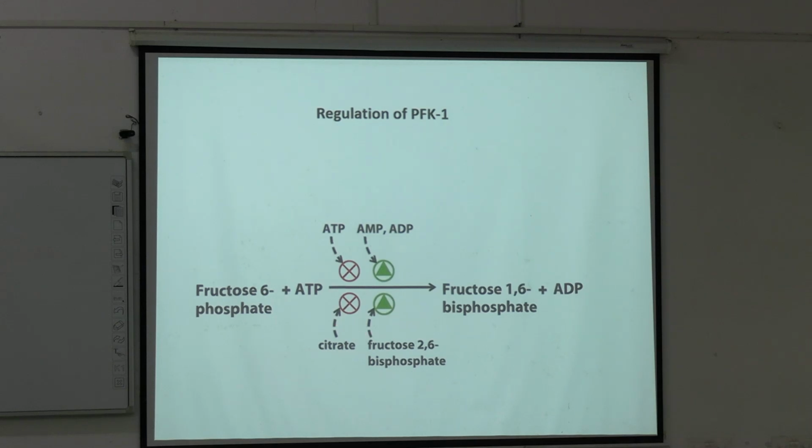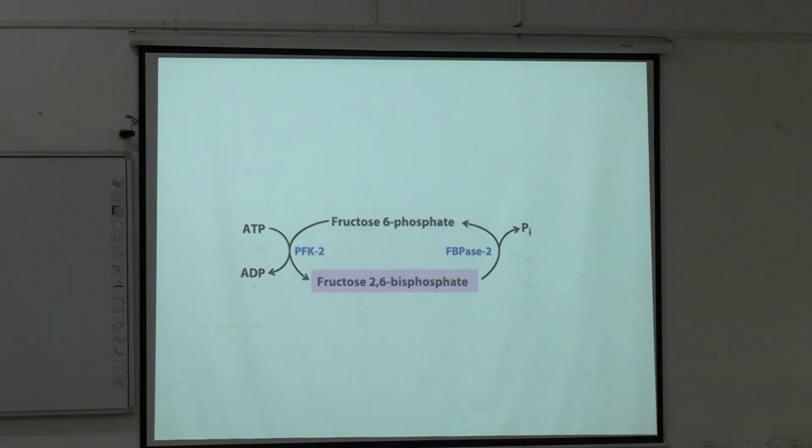Citrate and ATP are negative modulators. Clear? Now, fructose 2,6-bisphosphate is new to you. Now, write something about fructose 2,6-bisphosphate. In the next para, write down something about fructose 2,6-bisphosphate.